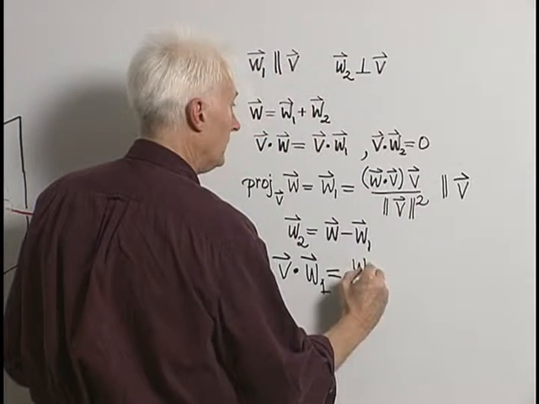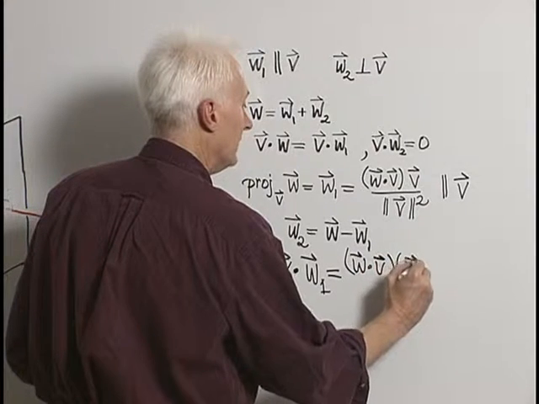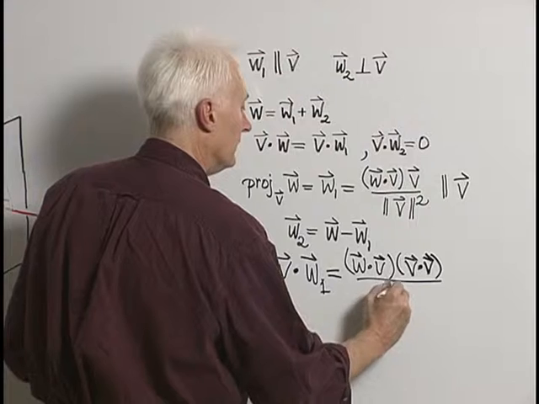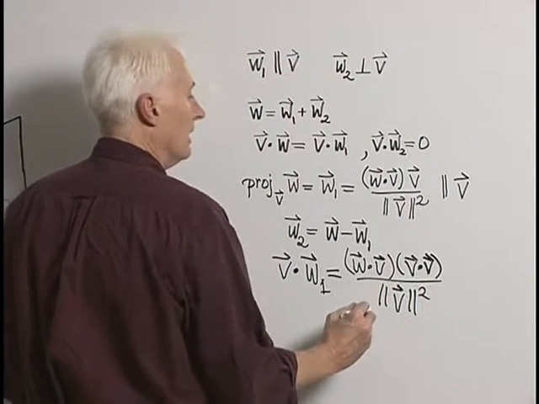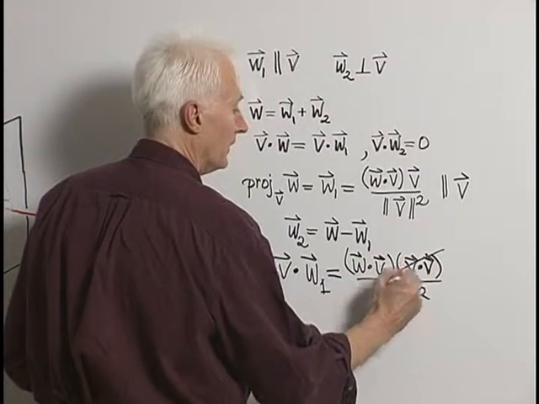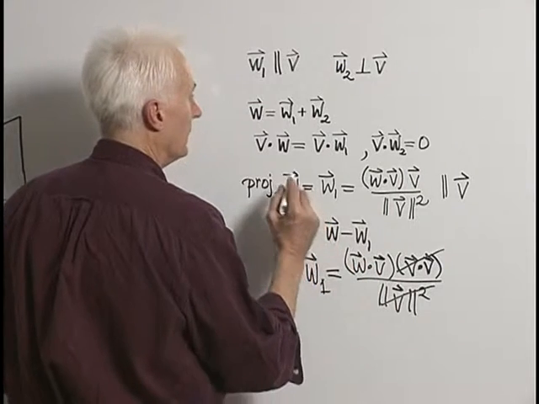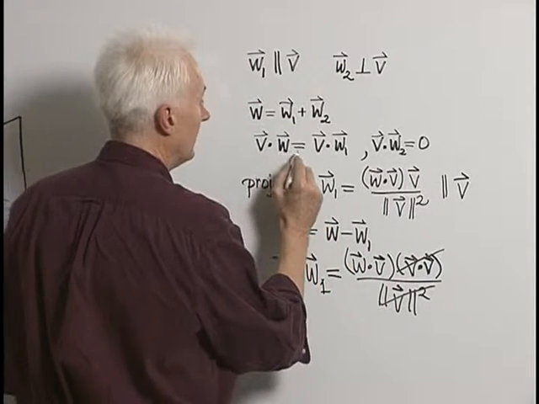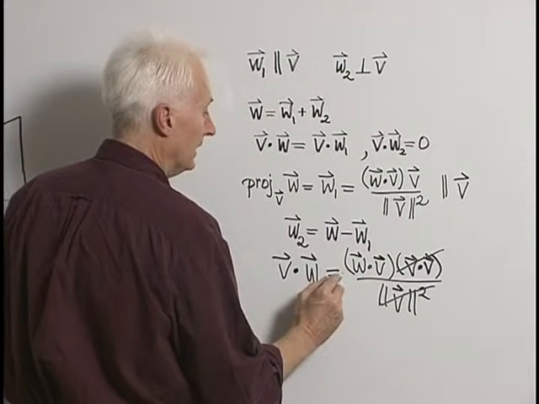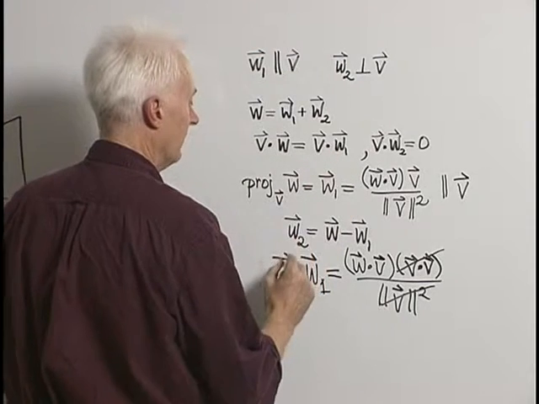So we would get w dot v times v dot v divided by length of v quantity squared. But remember, the length of v squared is v dot v, so those cancel, and so what we're left with is w dot v. So that verifies that v dot w1 equals v dot w. So that property is satisfied.